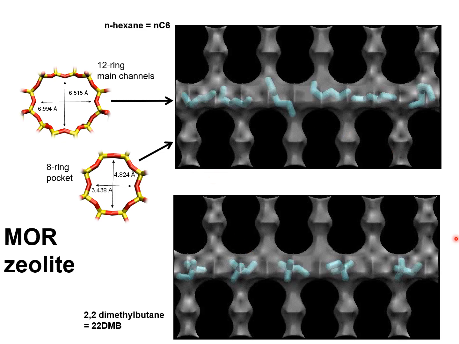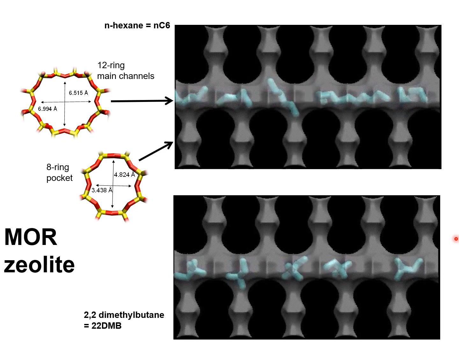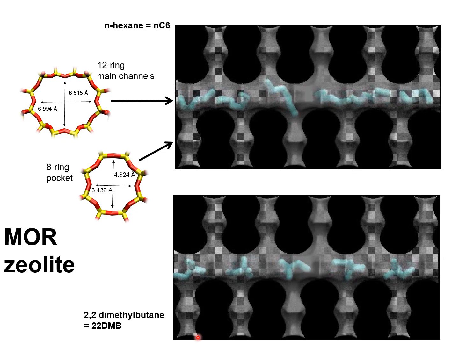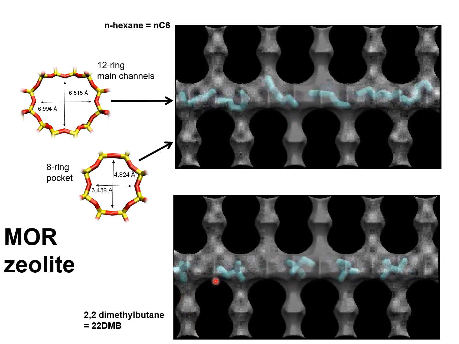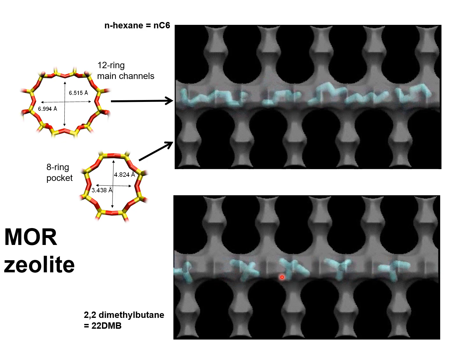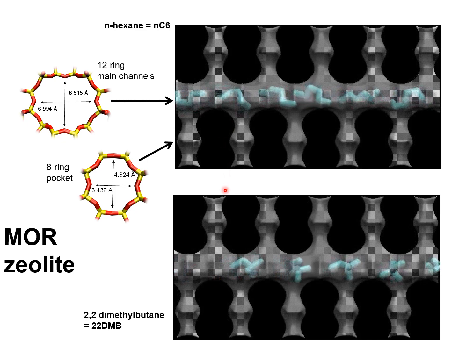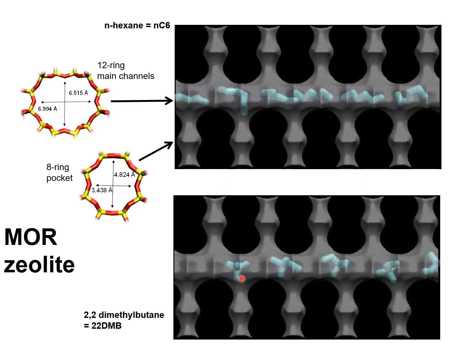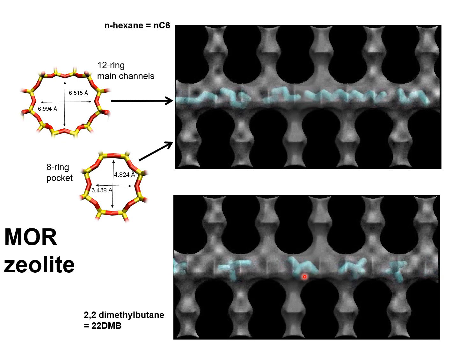Let's have a look at the animations for normal hexane conformations and 2,2-dimethylbutane. You will note that 2,2-dimethylbutane has a smaller footprint, and therefore at saturation it is possible to locate more of the 2,2-dimethylbutane within the 1D channels than normal hexane that has a longer footprint.